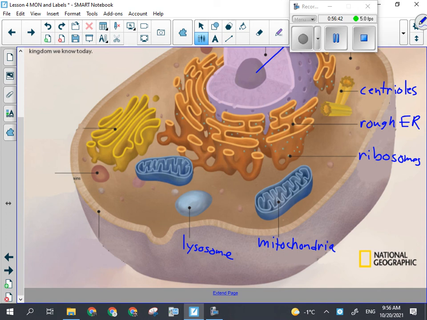Okay, what's this part? This is the cell membrane. Okay, which controls, 2 words, endocytosis and exocytosis. Okay, there's a lot to memorize in this unit, right? Especially when it comes to labeling the cell.